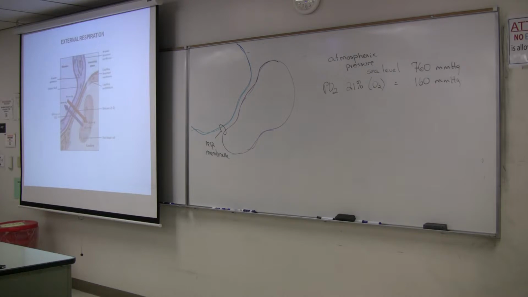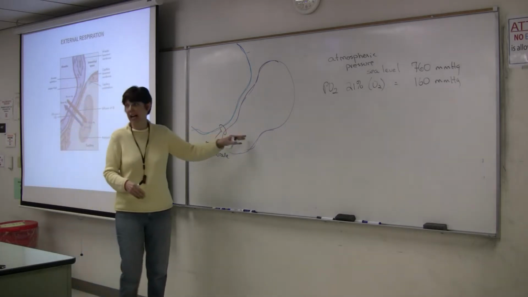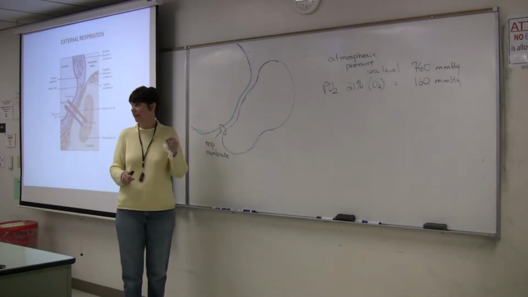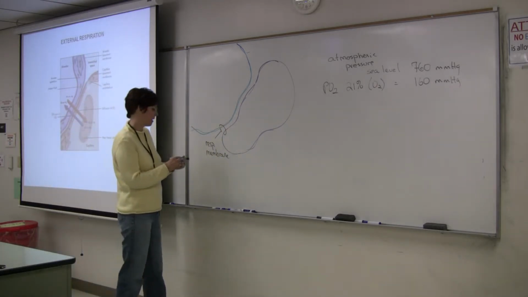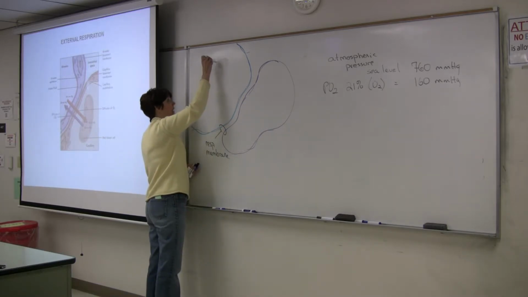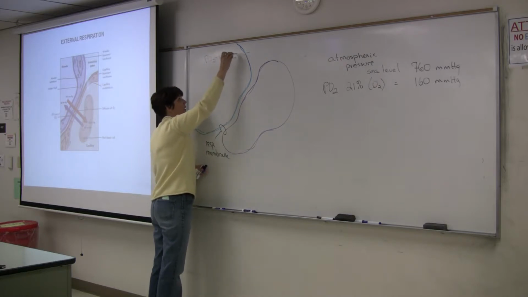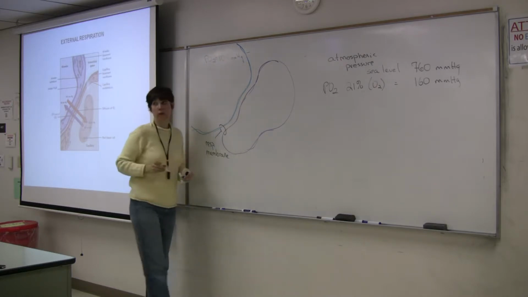Now when that gets into the lungs, it's not 160 because we have carbon dioxide diffusing out of the blood into the alveoli, all right? So in the lungs, our partial pressure of oxygen at the alveolar level has decreased to 104.